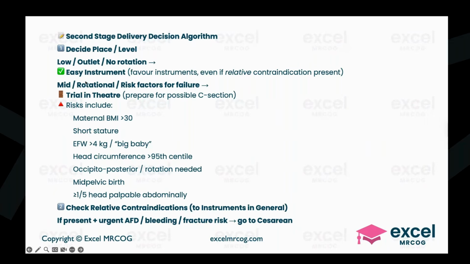Trial in theater may take time and may also fail. So if it's a difficult instrument but you are applying for an indication such as prolonged second stage, it's perfectly all right. However, if you are applying it for an indication with fetal compromise as well, what would you do? Cesarean. Yes, so that's your choice.